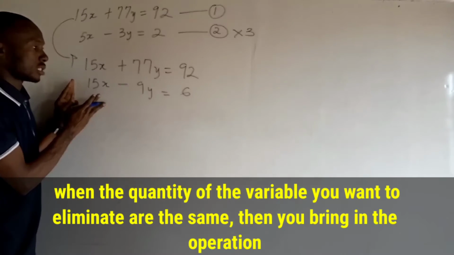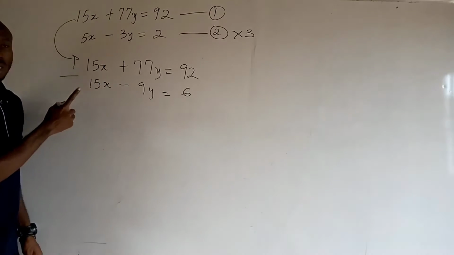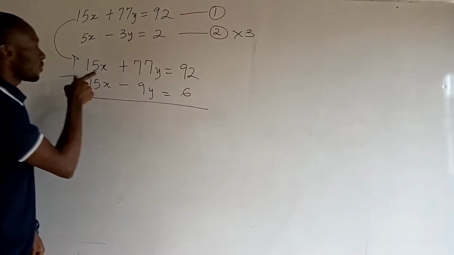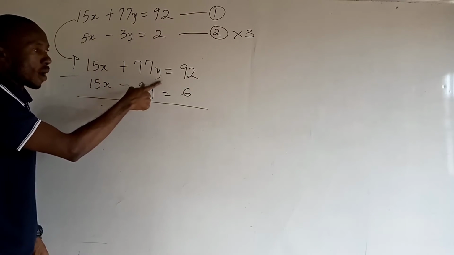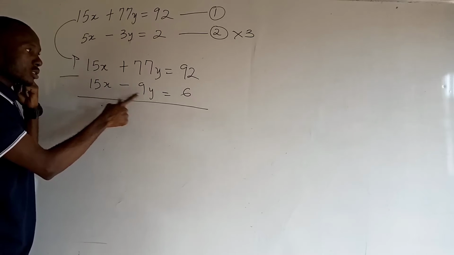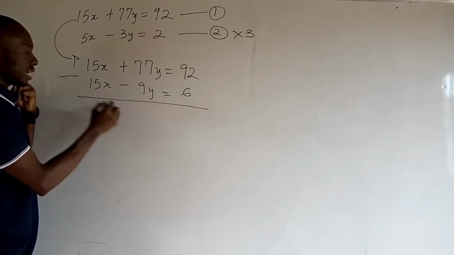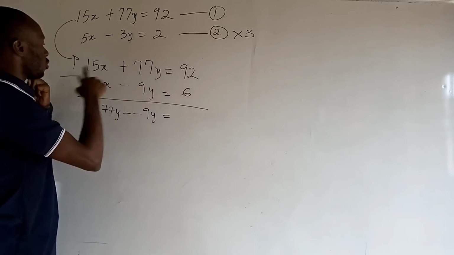The next operation is to subtract the equations, because that will make the x go to 0. So 15x minus 15x gives 0. Then 77y minus 9y is equal to 92 minus 6.